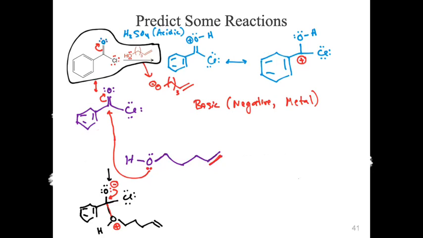Why? Charge. The group that we just put on there is positively charged. It does not want to be positively charged, so it would steal electrons preferentially, which means we have to solve that problem first.